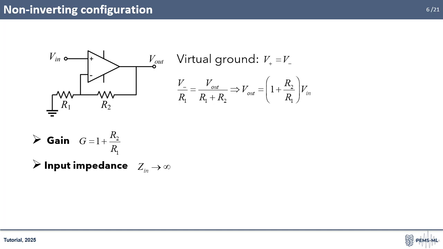Since the current should be the same in both resistances R1 and R2, and due to the virtual connection V+ equals V-, it is easy to get that the ratio between V- and R1 equals the ratio between Vout and R1 plus R2. The gain is calculated as the ratio between Vout and Vin, and so it is equal to 1 plus R2 divided by R1. Because the input does not pass through the resistor network, this configuration offers an infinite input impedance, ideal for sensors or high-impedance sources.